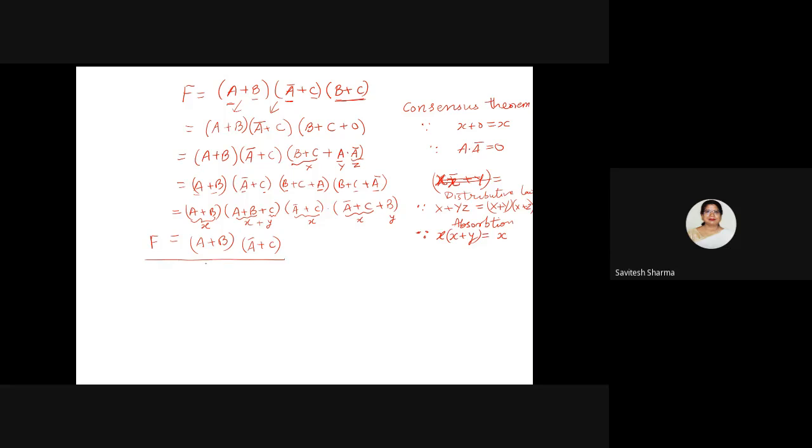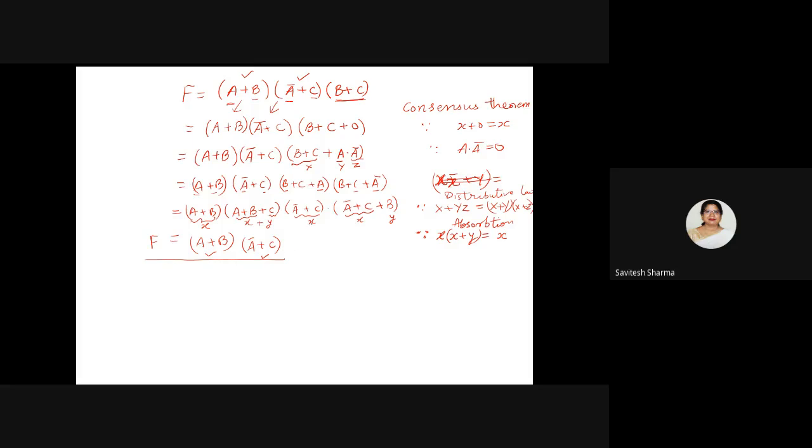Once you see that we started with this expression, it contains a plus b. It also contained a plus b. You notice here. It also contains a complement plus c. It also contained a complement plus c. But in the final step, b plus c is nowhere.